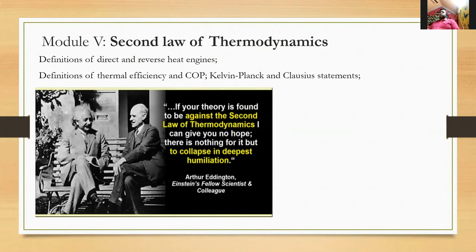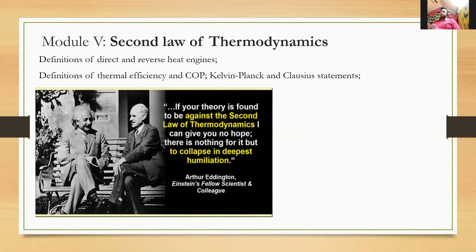You have this quote, you can see, it's a discussion between Einstein's fellow scientist and colleague Arthur Eddington, who is saying to Einstein like this: if your theory is found to be against the second law of thermodynamics, I can give you no hope. There is nothing for it but to collapse in deepest humiliation.